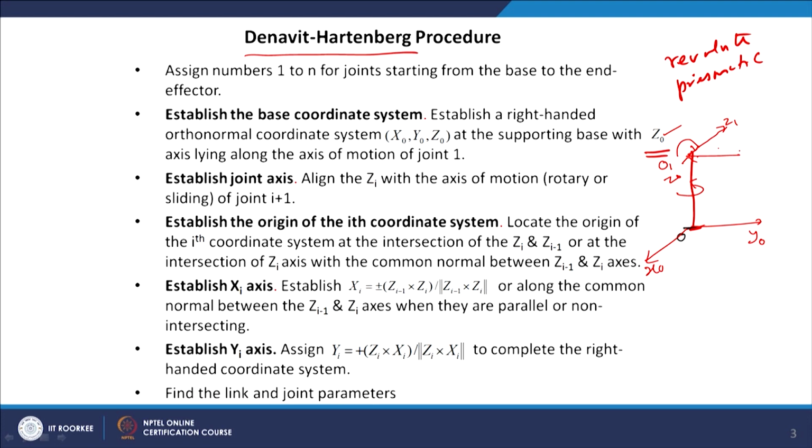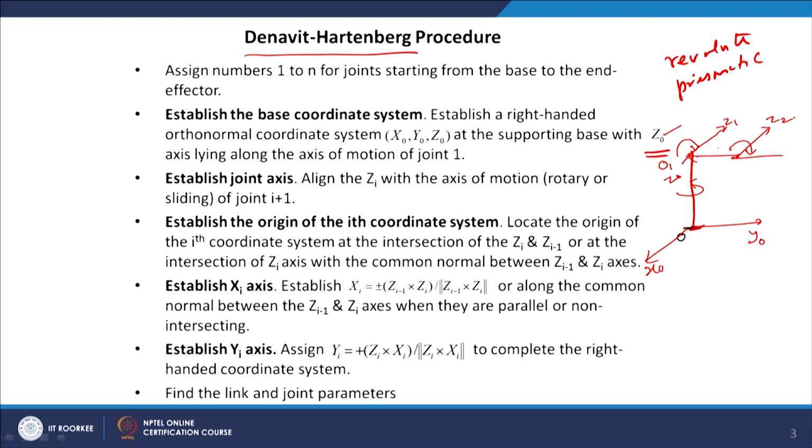Now, let us say the third joint is also a revolute joint. For example, let us say Z1 and Z2 both are parallel. Here also there is a rotation about the Z2 axis, a revolute joint. Then how to fix the origin at this joint? It is given by this expression.